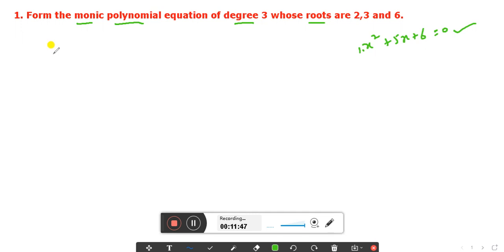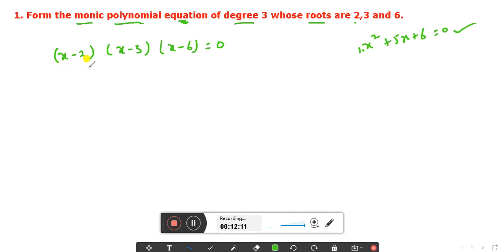Okay, first root is what here? 2. So we can write x minus 2. If there is minus 2, we can write x plus 2, and plus 3 is there, that's why we can write x minus 3. And next one, x minus 6 equals 0, because it is an equation, that's why we are taking equals 0.